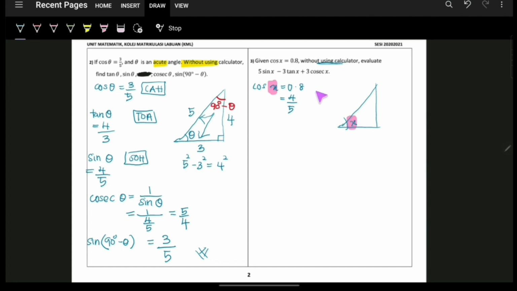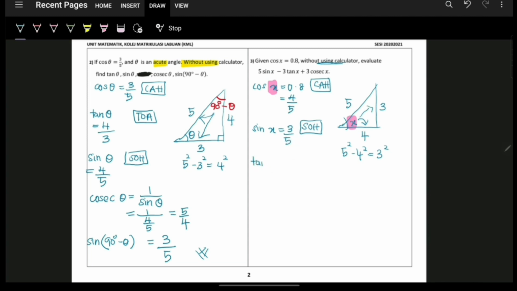And then the cos, as usual, CAH. So adjacent here is 4 and hypotenuse is 5, and basically you know here is 3, which is 5 squared minus 4 squared, you are going to have 3 squared. And then you need to have the sine x, and you know it is SOH, so opposite over hypotenuse, opposite here 3 over 5 the hypotenuse.